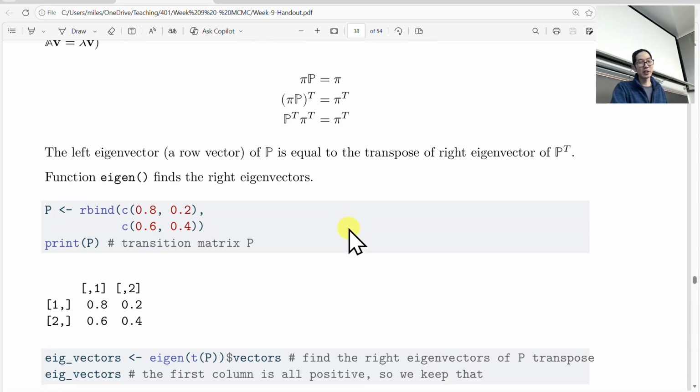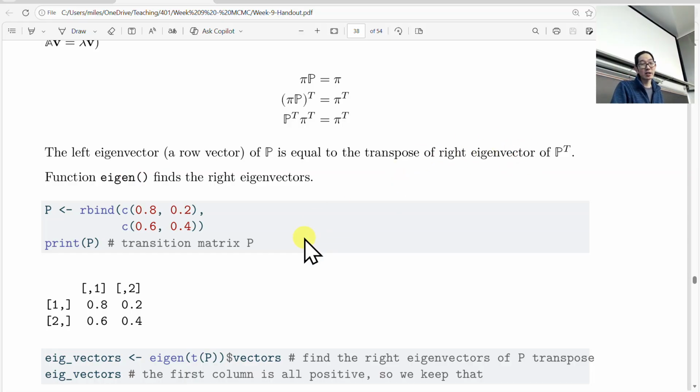So if I take my transition probability matrix and I use eigen in R to get the eigenvectors, eigen gives me right eigenvectors. So I'll just take the right eigenvector and get the transpose of it.